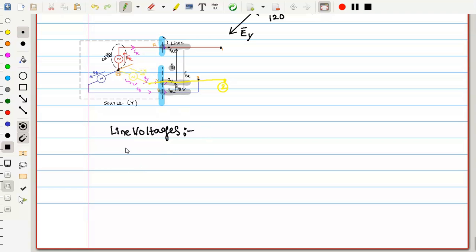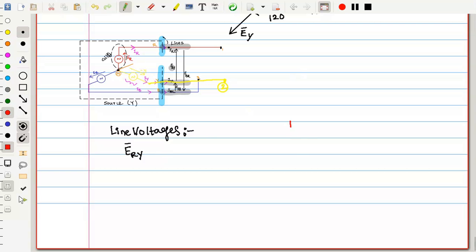So first, the line voltage I will be considering is R2Y, the R2Y phasor. Now try to understand where the R phase terminal is and what its voltage is.